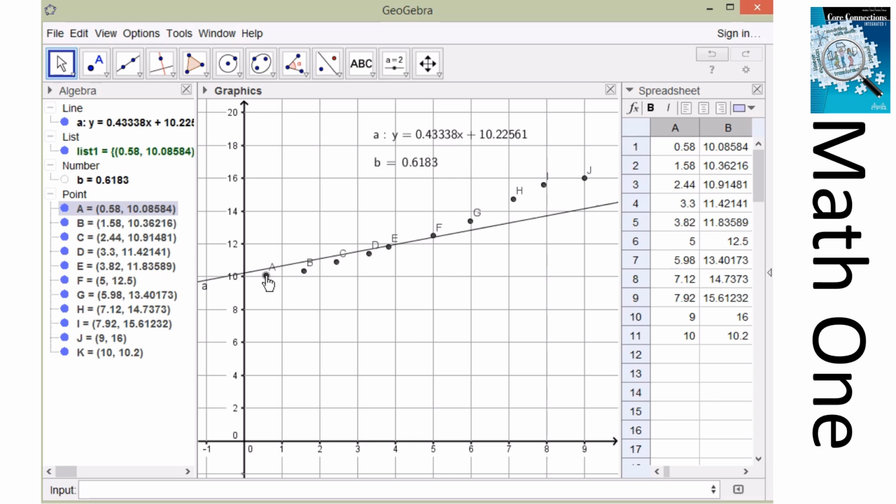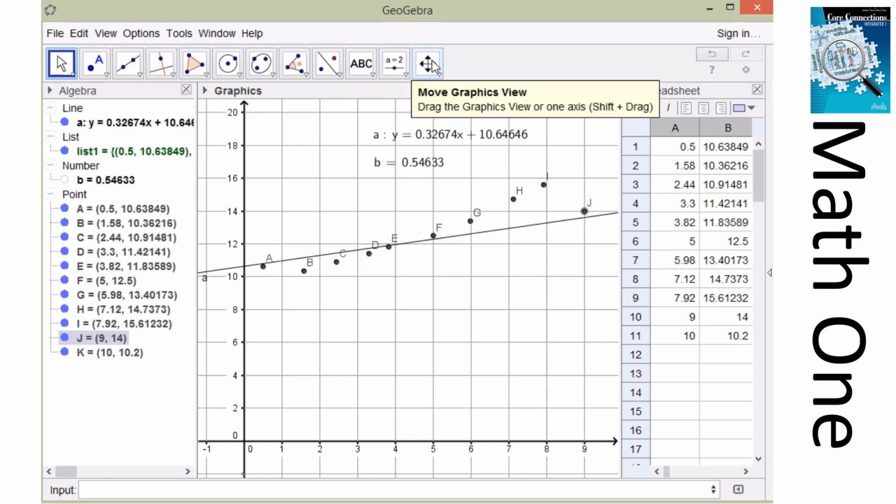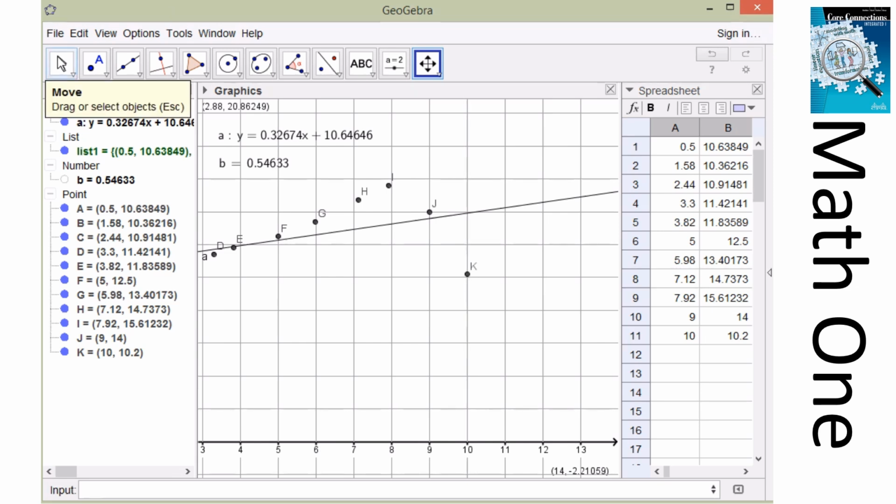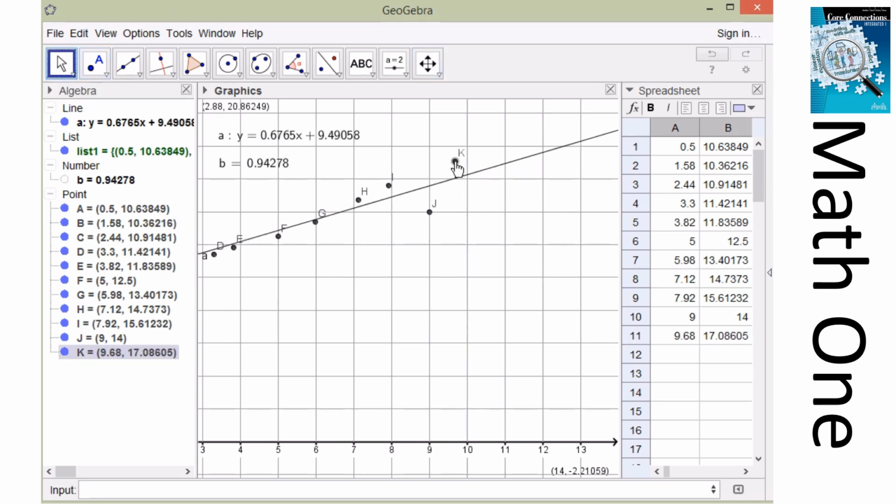Although right now it's only at 0.59. Am I missing a point? Oh, yeah, there's a point that's off the screen that I'm missing completely, right there at K, and it's having quite an effect. I was unable to make this data do what I wanted it to do.